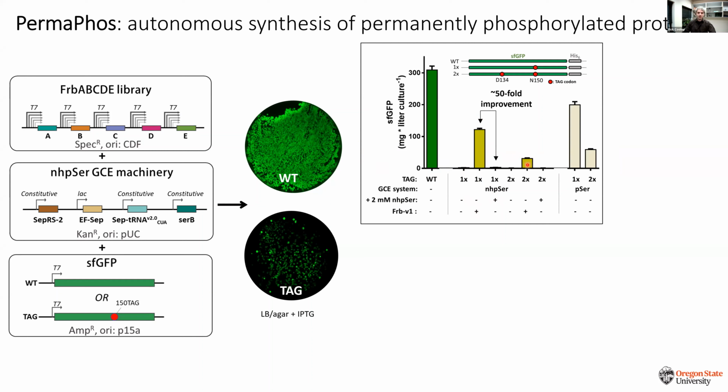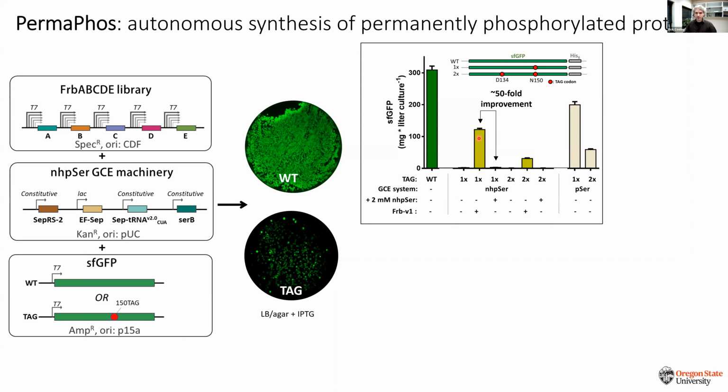And we were able to encode, in fact, 2 instances of non-hydrolyzable phosphoserine, whereas we could not when the amino acid was added to the media. And it works comparably well to the phosphoserine system, about half or 2/3 as efficiently, depending on the protein and the site.